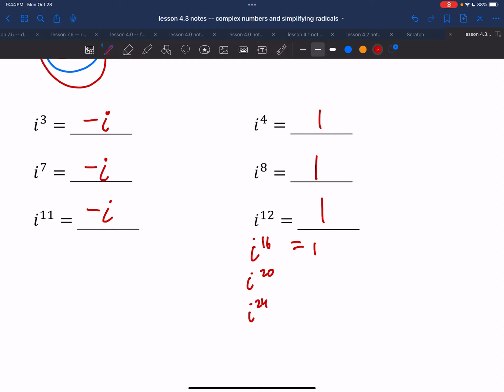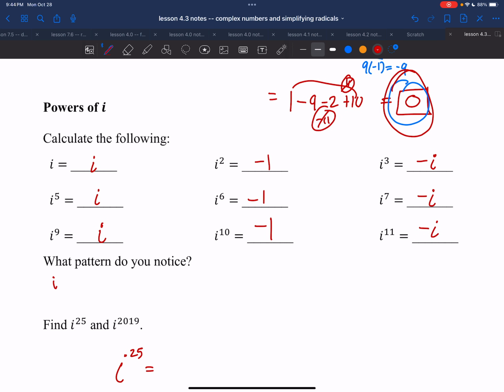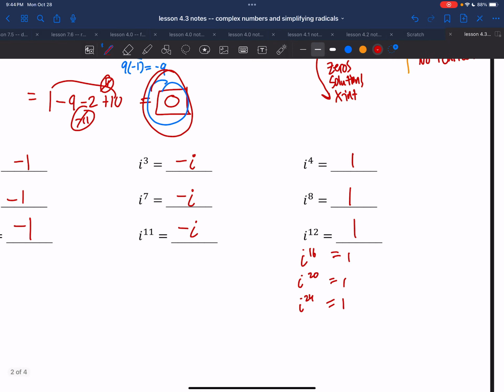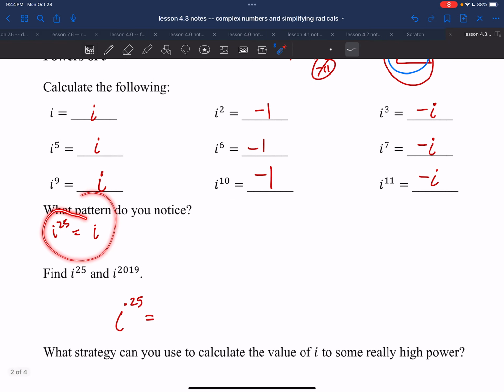And you know what? These would be 1, 1, 1. But then 25 would just come after that, right? 25 would just be the one after 24. So 24 would be 1, meaning 25 would just be i. Hey, look at that. And you're done. So you just know what i to the 25th is.